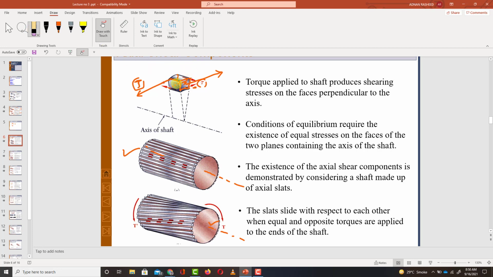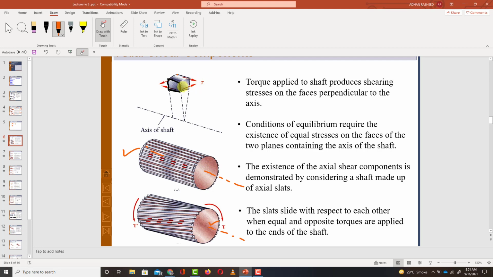Similarly, I will remove the things so that it does not get messy. Similarly, consider this face. This face is parallel to the axis of the shaft. It will also experience shear stress. Why?